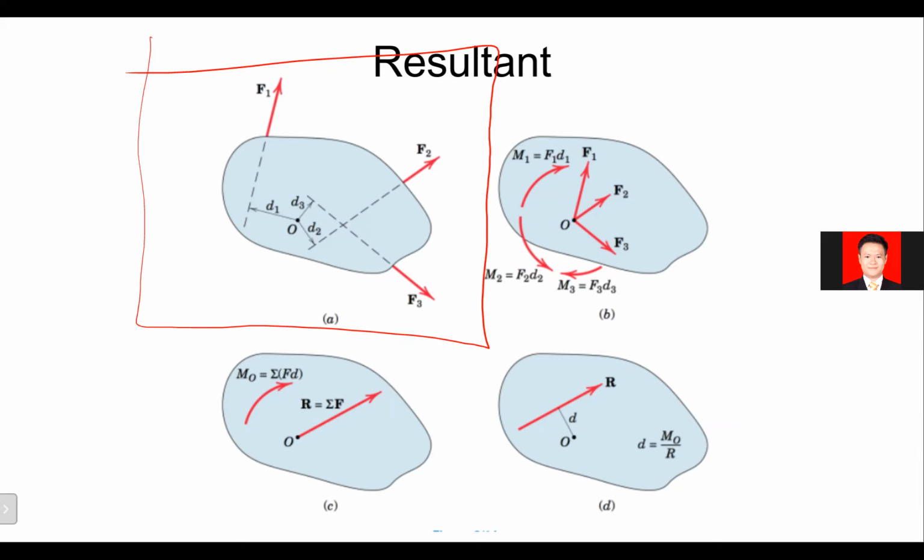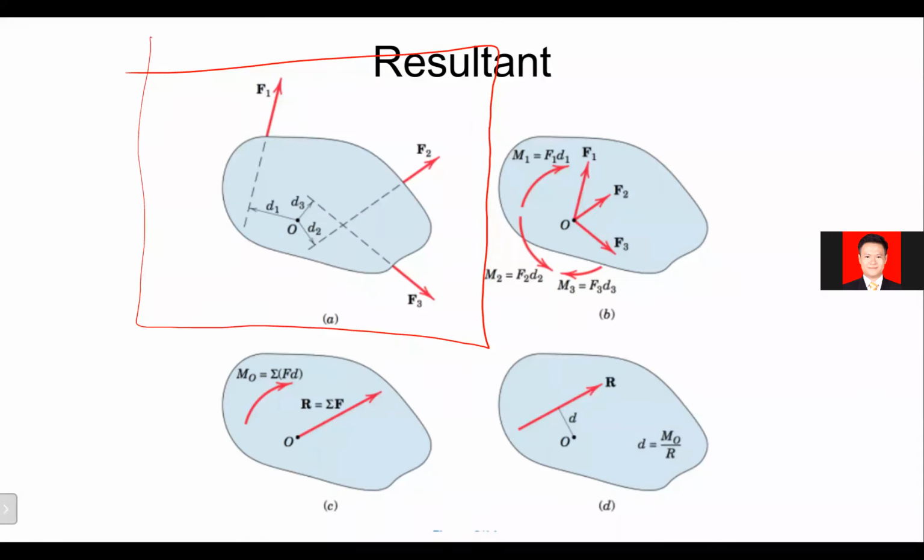Can I move all the forces to point O, one by one? Yes, sir. So F1, I move it to point O. As a result, I will get a force and a moment or couple.